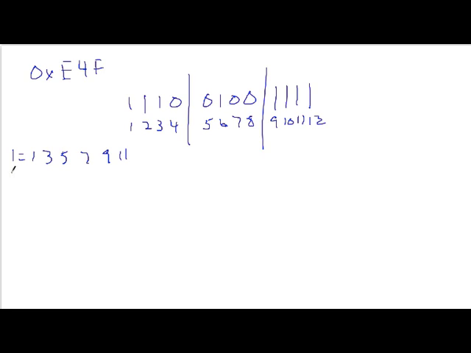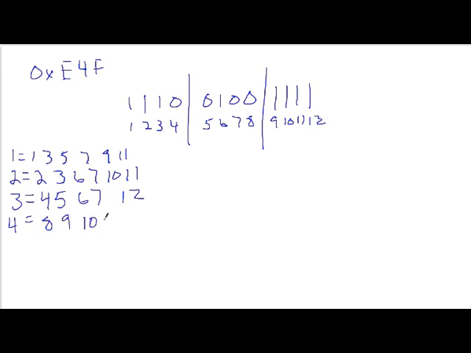And then for 2, we have positions 2, 3, 6, 7, 10, and 11. And for position 3, we have 4, 5, 6, 7, and 12. And position 4, we have 8, 9, 10, 11, and 12.